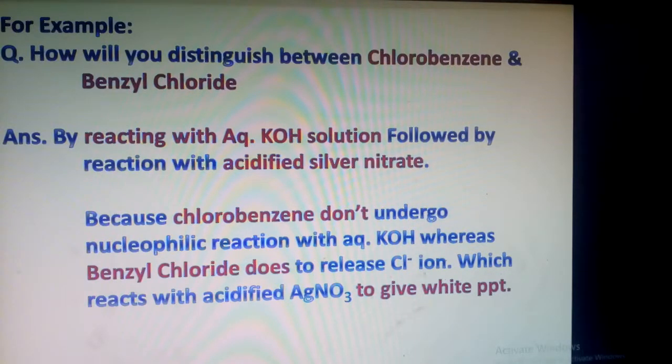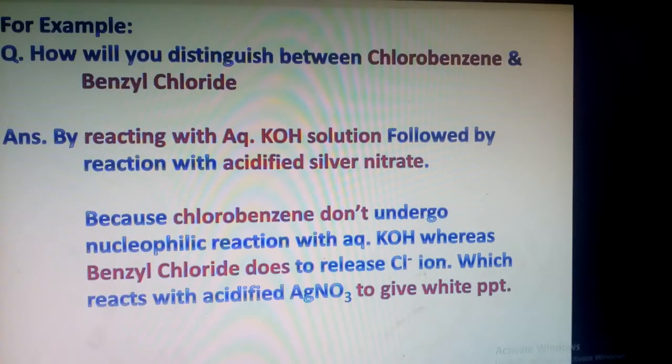So the basic fact by using which we can distinguish between these two compounds is that haloarenes do not undergo nucleophilic substitution reaction easily, whereas aliphatic halides can.